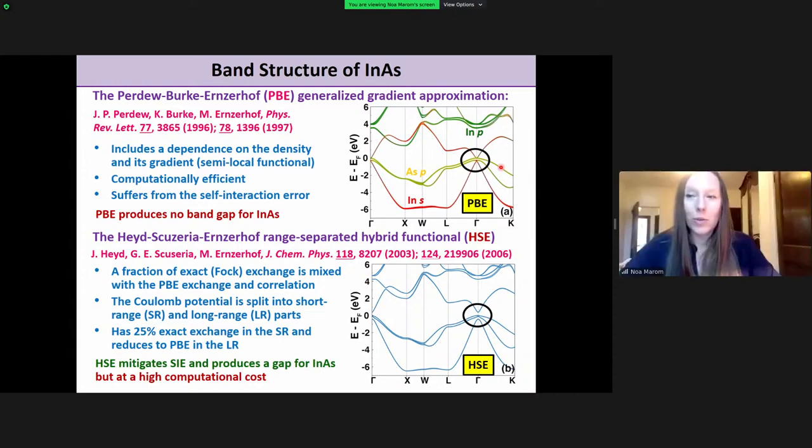Yeah, so we can project the band structure on the different orbitals to see the contributions of different orbitals. So you can see here, for example, that the arsenic p orbitals and the indium p orbitals contribute here to the top of the valence band and the bottom of the conduction band.